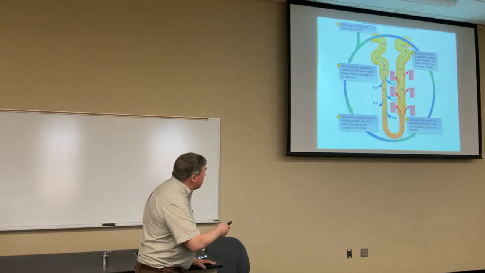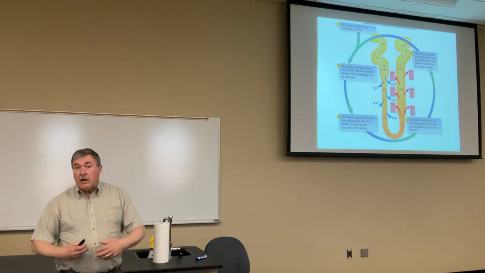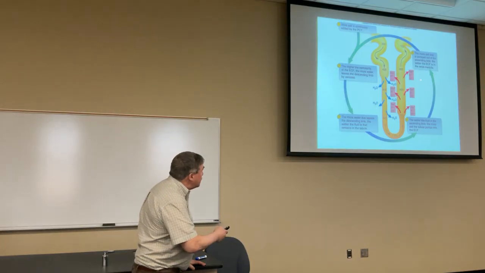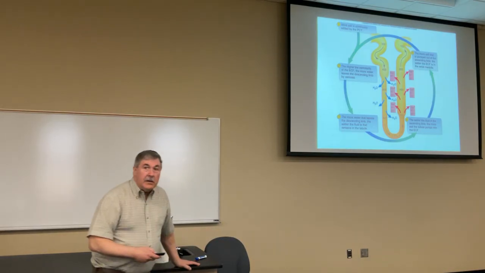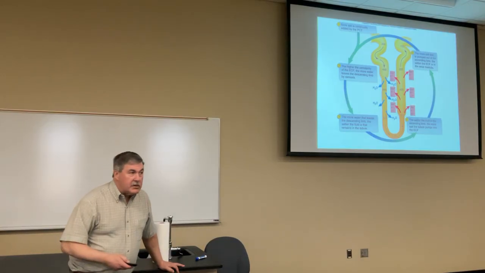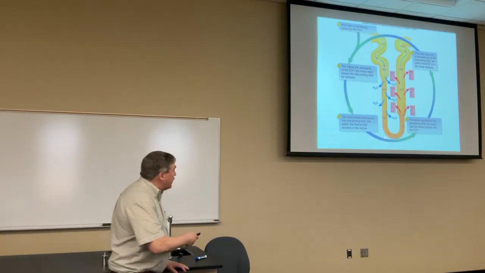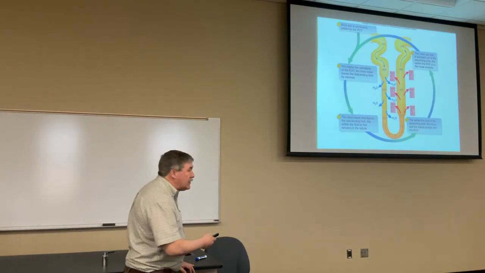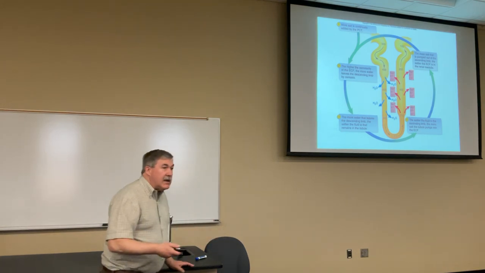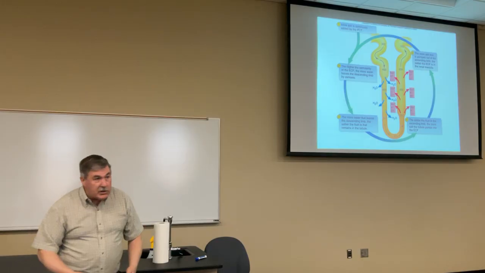And then when you get up to the thick ascending limb, more electrolytes are actively reabsorbed using sodium potassium chloride symporters or co-transporters. And so both the diffusion of electrolytes out the thin ascending limb and the active transport over the thick ascending limb, both of those are what produce that concentration gradient in the medulla.